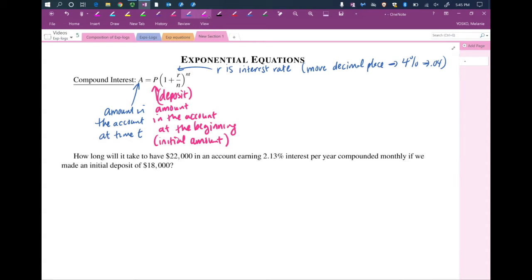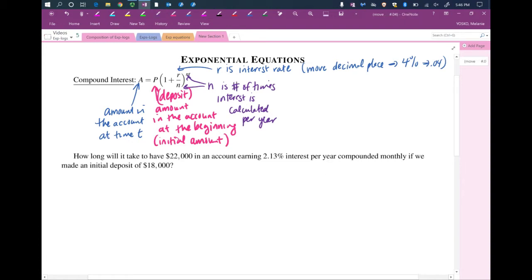Okay, and then we have N. Notice N is in 2 places. N is the number of times interest is calculated per year. You might also see this written as N is the number of times interest is compounded per year.